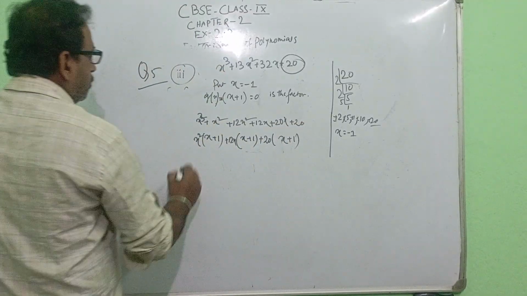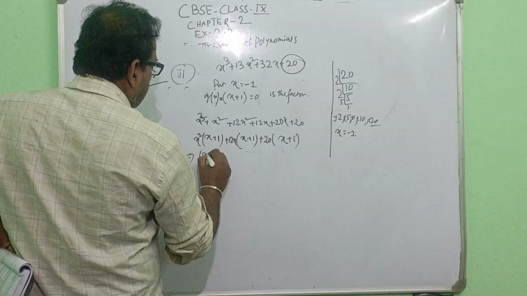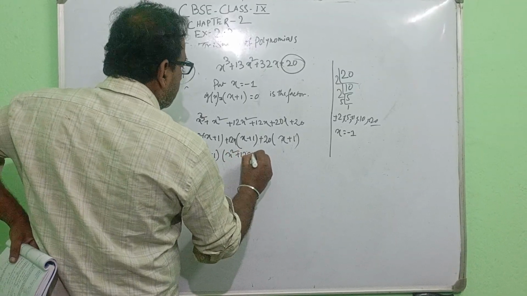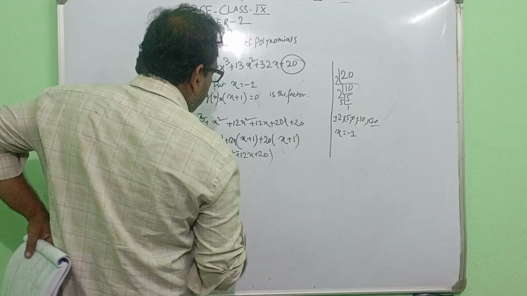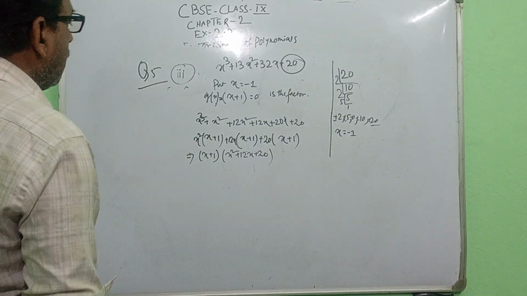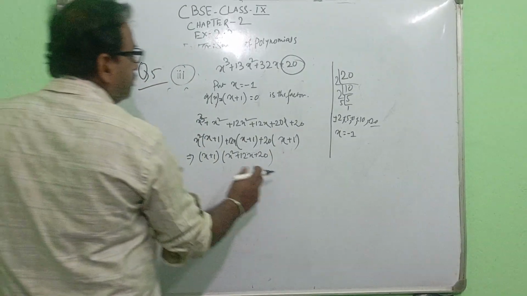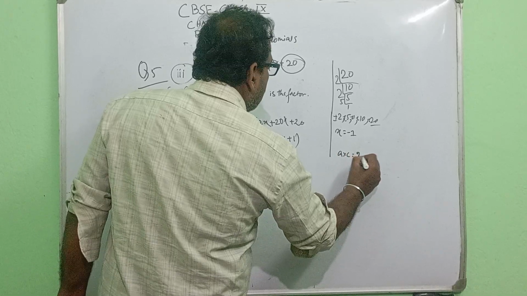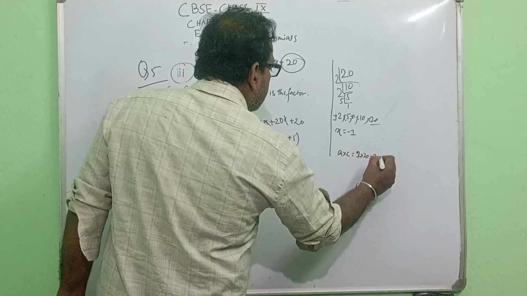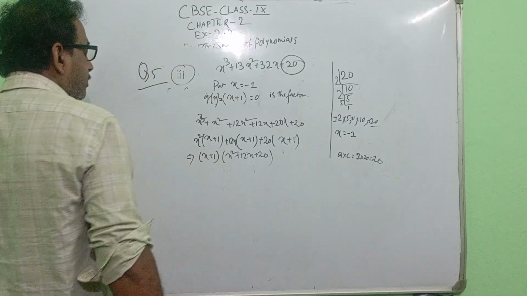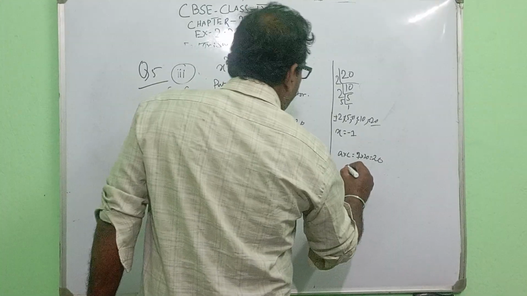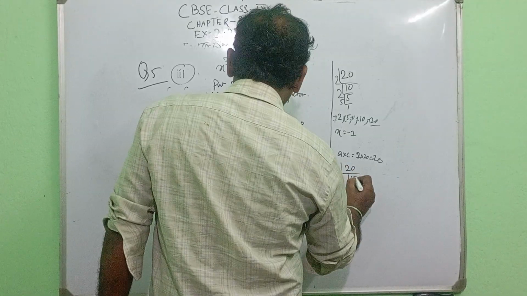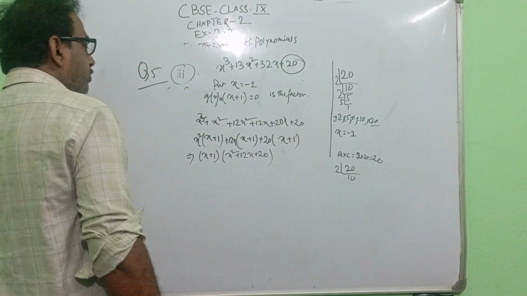It's coming. So the next one. Okay, now this is the middle term. A into C: 1 into 20, that is 20. And if you do that LCM, 10 into 2, 12.